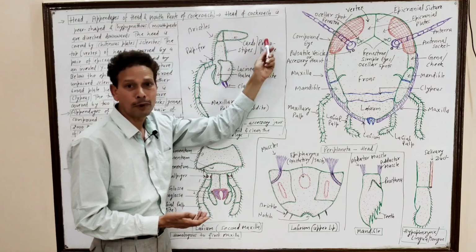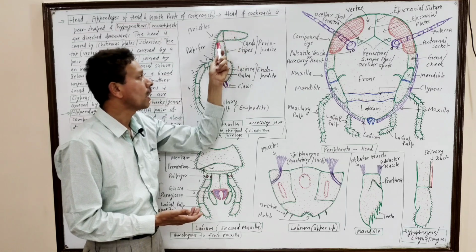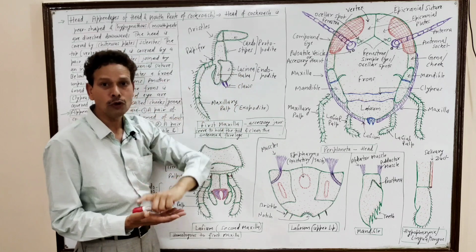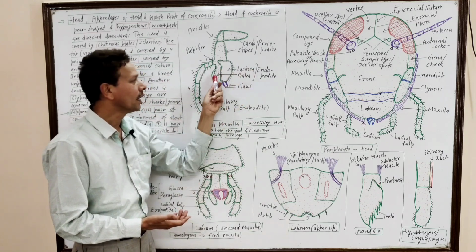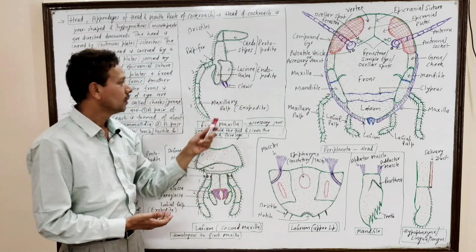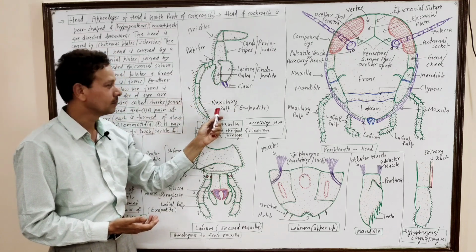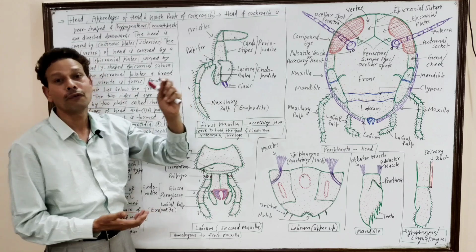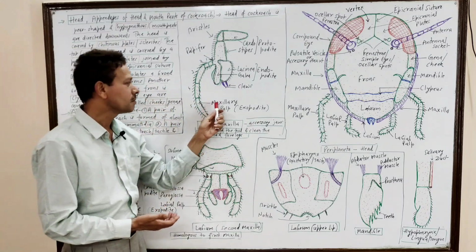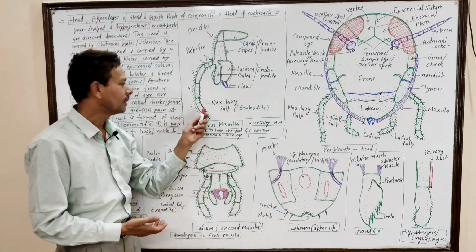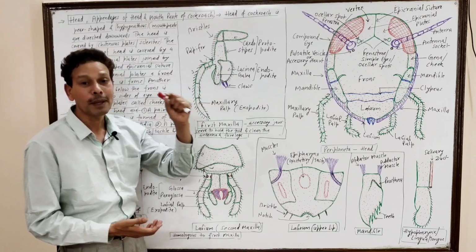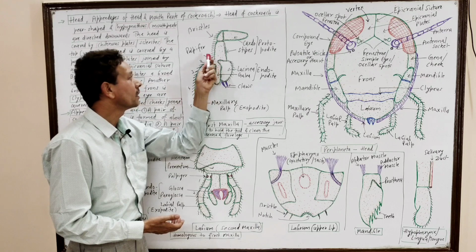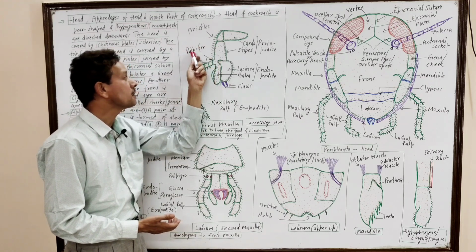Upper part is protopodite having two parts, cardo and stipes. This endopodite again has two parts, lacinia and galea. And this exopodite is five segmented. It is maxillary palp, and this exopodite remains connected by this stipes. Here is a small projection, that is palpifera.